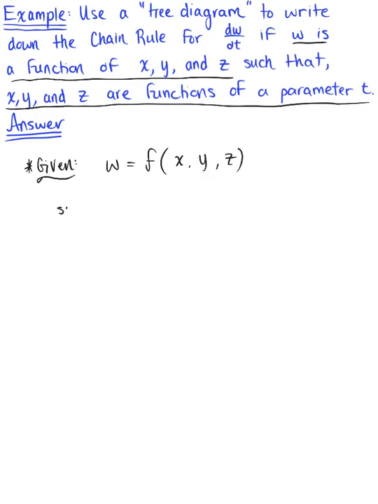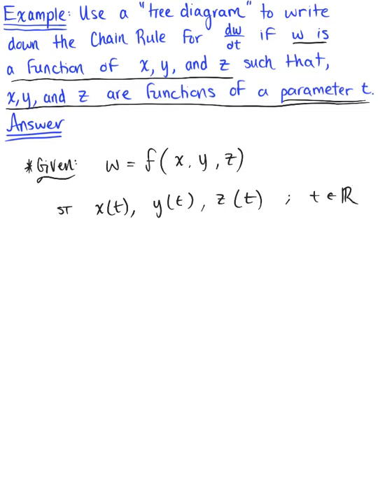Now this is such that each one of these independent variables is parameterized by t. So this is such that we can write x of t, y of t, z of t for some arbitrary parameter t, so our scalar value.